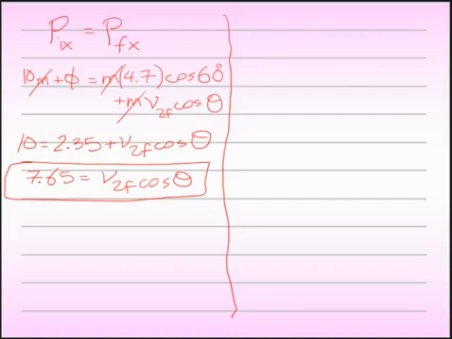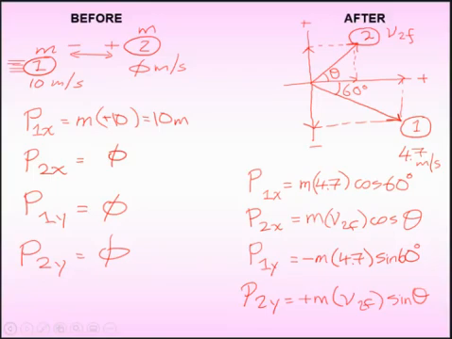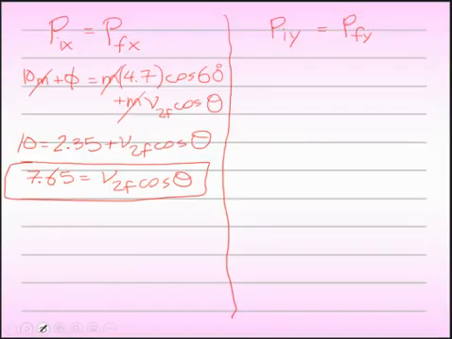What's my second equation? Same thing. P_i y equals P final y. What's the good news about this? 0. Look, just to confirm, 0 plus 0 equals pretty much the same thing here with two differences.